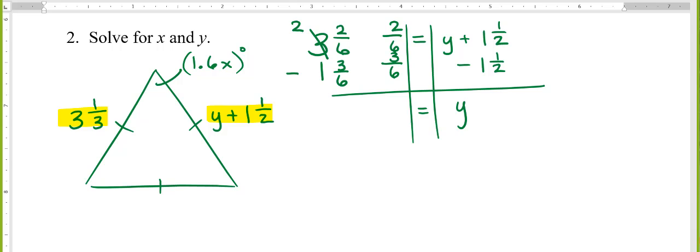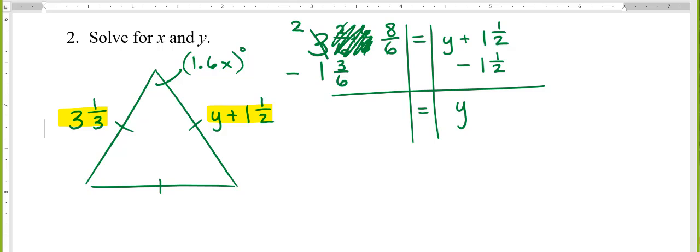I borrowed 1 from the 3, made that into a 2, and now I need to add 6/6 there. So this becomes 8/6. Y'all remember doing that? I have 2 8/6 minus 1 3/6.